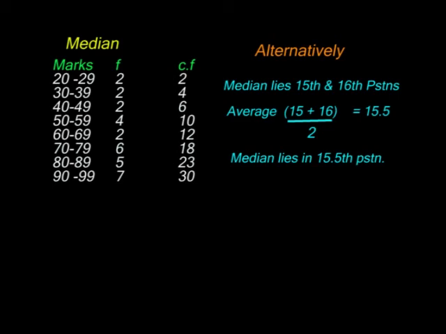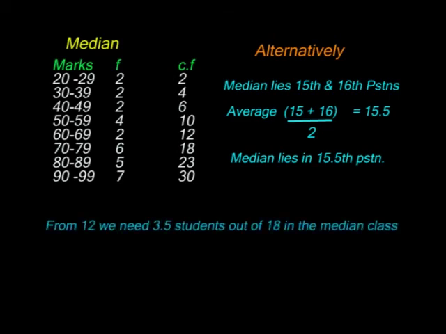To get up to 15.5 from 12, we need 3.5 from the median class, up to where we have 18 students. So we just do as we did, 69.5 plus 3.5, the number we need, over 18 times 10, and we get 71.44, the same figure we got when we used the average of the 15th and 16th positions.